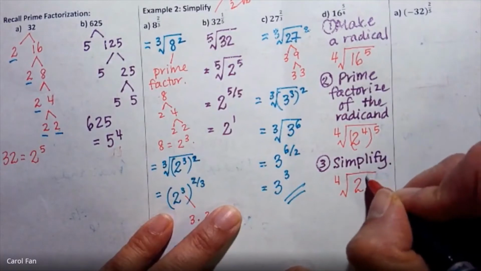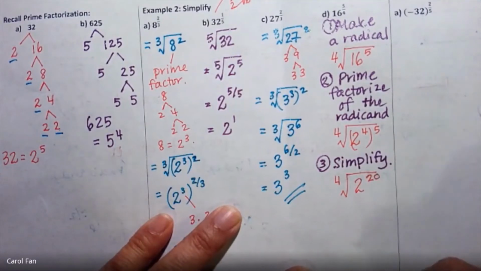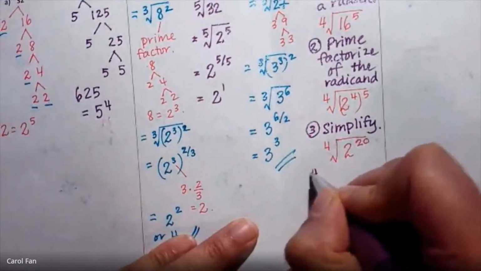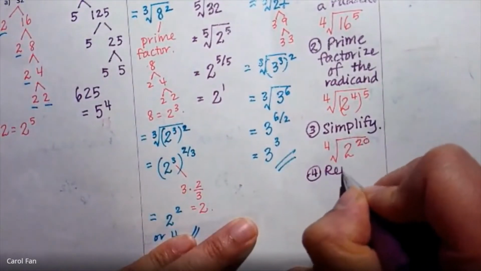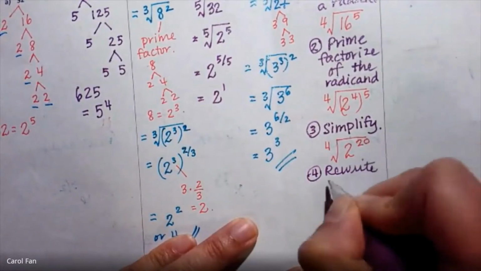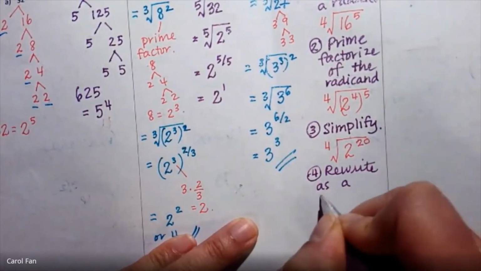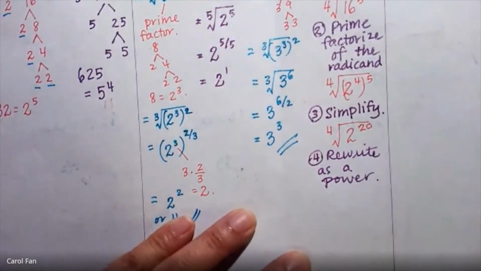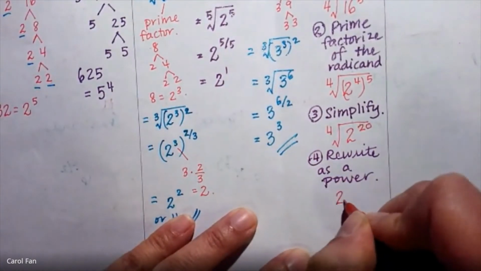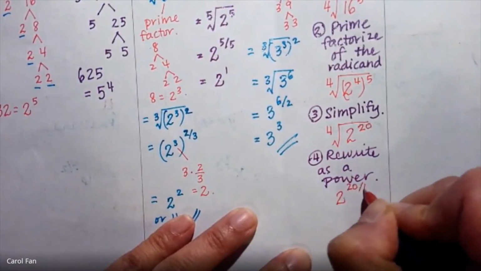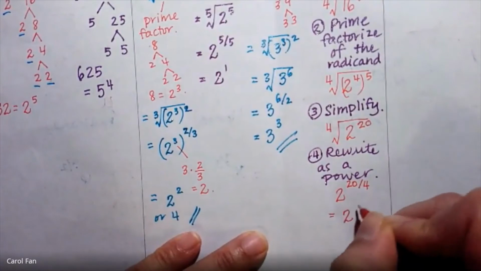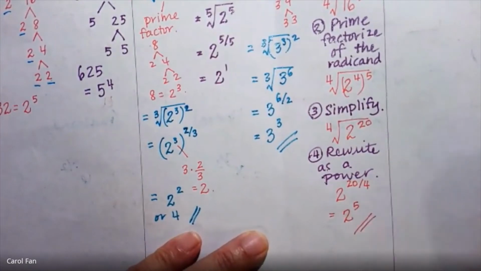That gives us 2 to the power of 20. Our fourth step, we're going to rewrite as a power so that we can solve. So that would become 2 to the power of 20 divided by 4, or we can simplify to 2 to the power of 5.